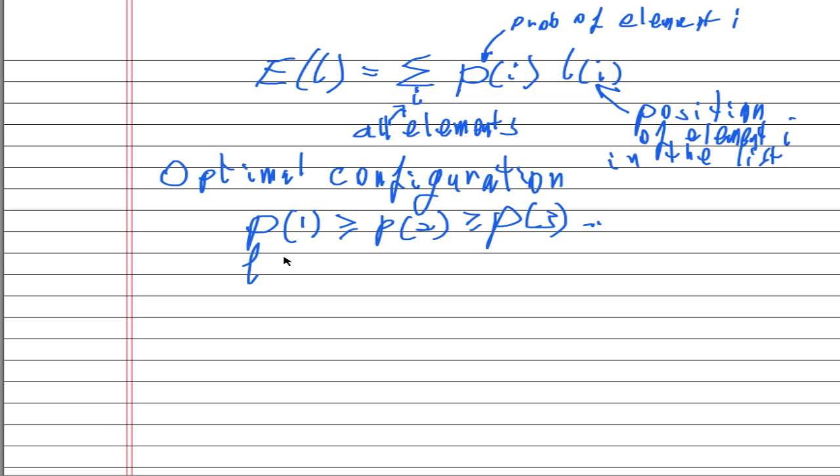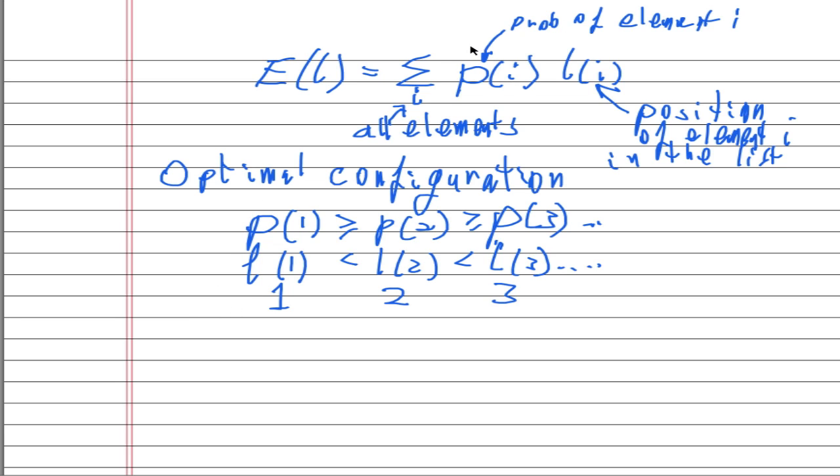So we want L1 to be smaller than L2, to be smaller than L3, and so on. So basically it would be this in the first position, this second one in the second position, third position, and so on. Okay, so that's the ideal, but how can we achieve it?